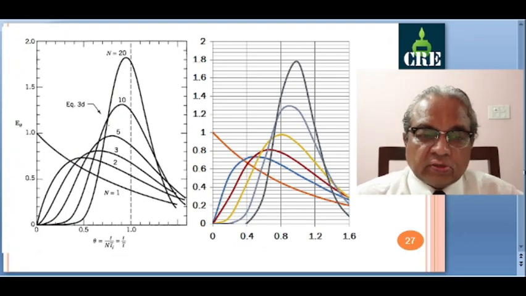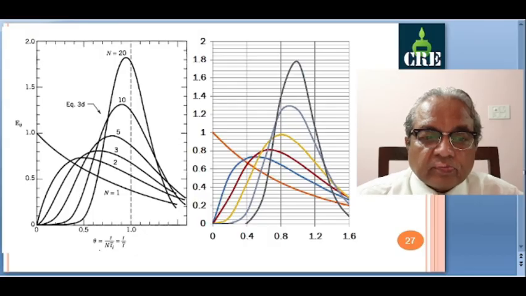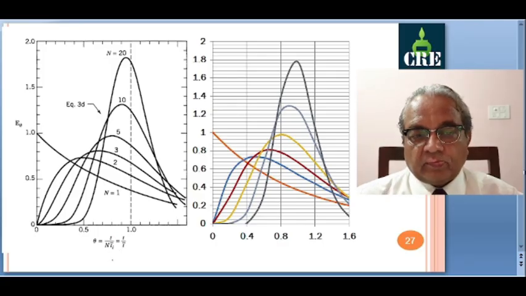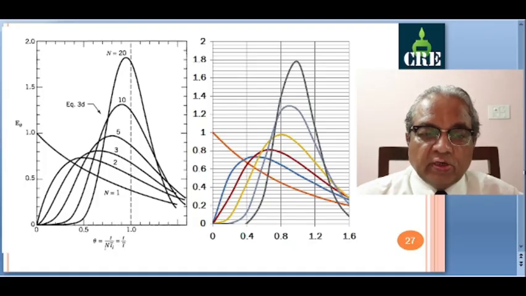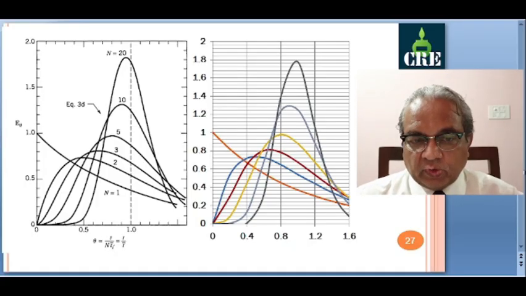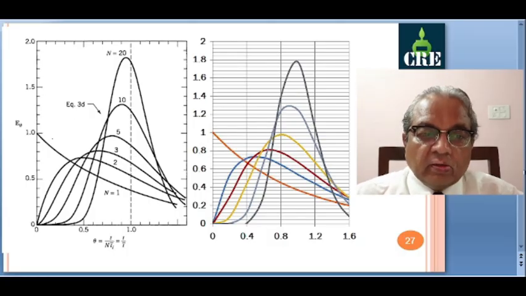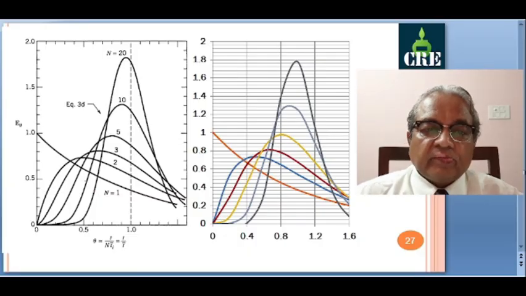Now these are the curves. You can see this is theta. Okay. It is T by T bar or T by n times Ti bar. So this is for the complete system, and this depends on how many tanks you have. Okay. So here for n is equal to 1, n is equal to 2, 3, 5, 10, 20.